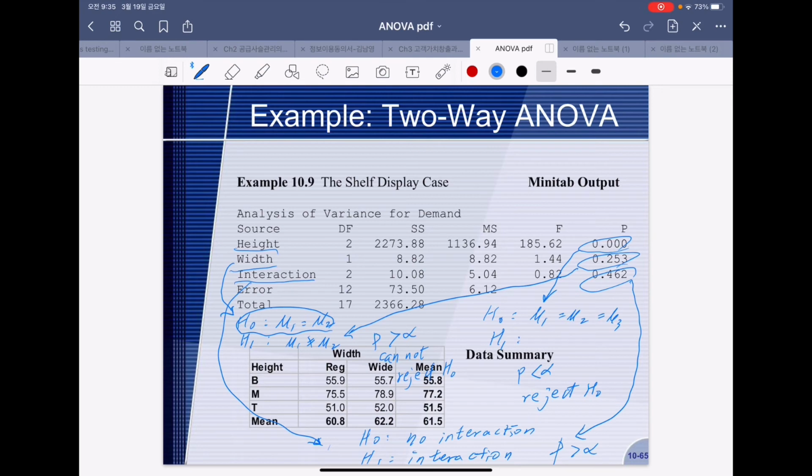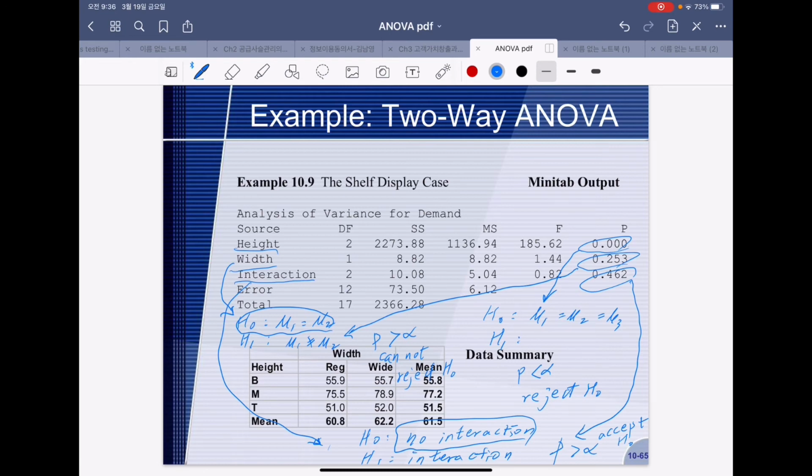So you cannot reject the null hypothesis, which means we accept the null hypothesis. So there is no interaction. If there is no interaction, you need to check whether there is a difference in terms of the means.